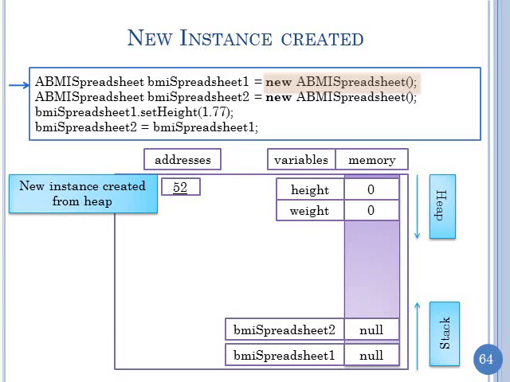Now when I make an assignment to BMI spreadsheet 1 of this object, what should happen at that point?